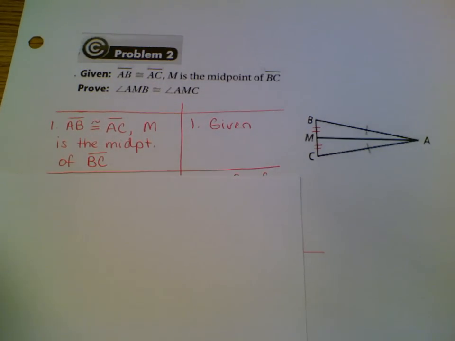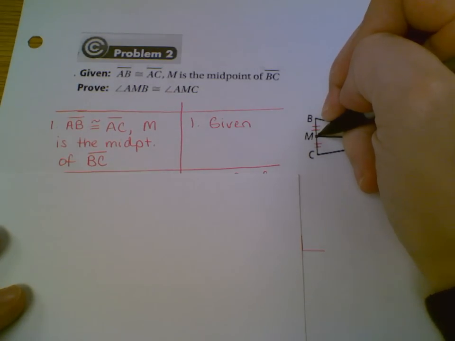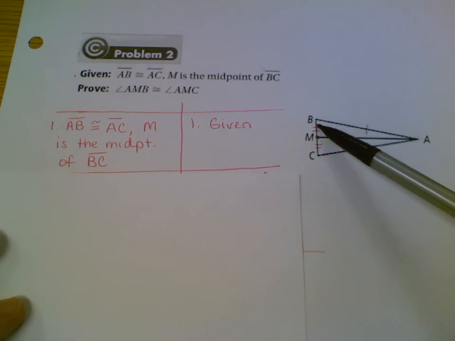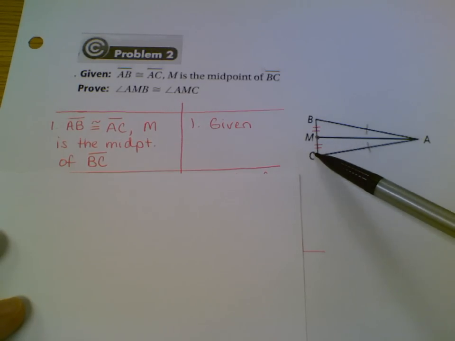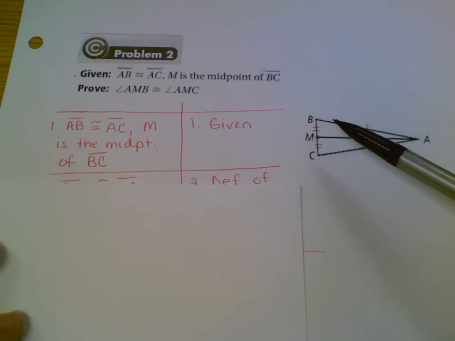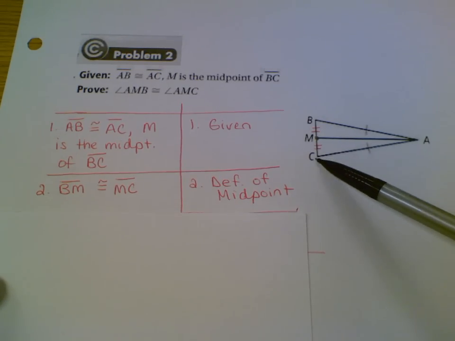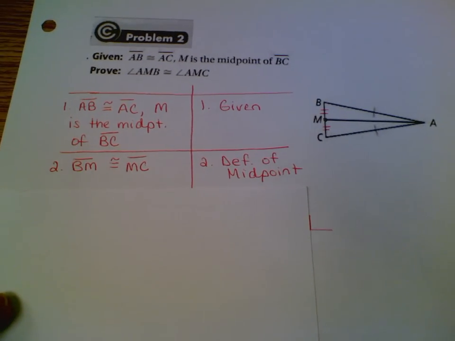So again, I always look at my triangle. Is there anything I know that's congruent based off my triangles? And in this case, no. But I do know from the given that M is a midpoint. So as soon as they tell me that M is a midpoint, I'm going to know it's going to bisect this segment into two congruent segments. So I'm going to write down that BM is going to be congruent to MC and that's going to be by my definition of a midpoint.